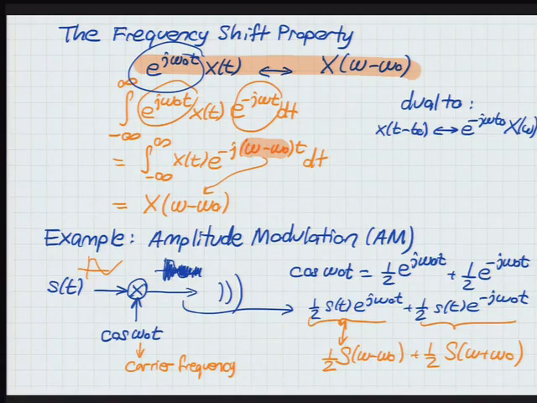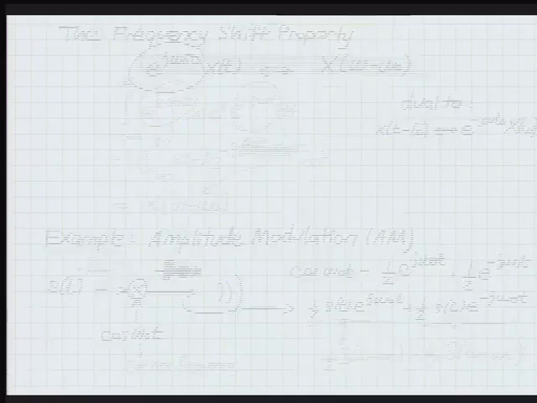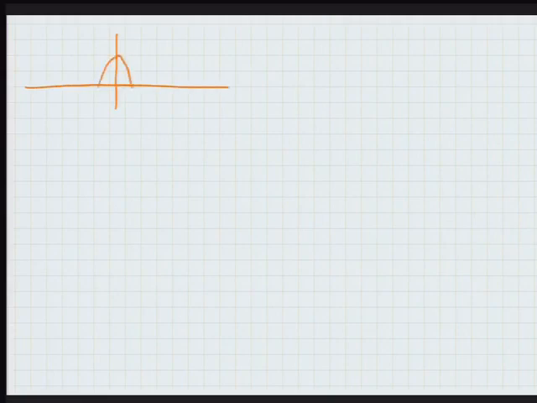So, if the original Fourier transform looked like this, which would be more or less typical of what gets transmitted, some kind of low frequency signal, if it's speech, things don't go to very high frequencies. So this is my S of omega, and it has a peak amplitude, let's say A, at 0 frequency.